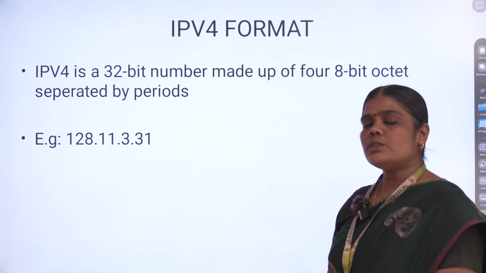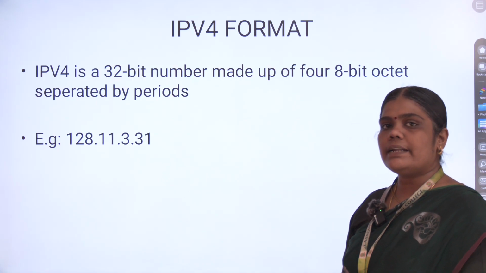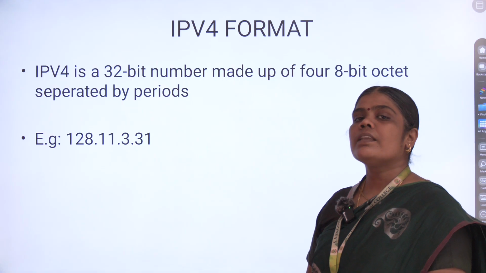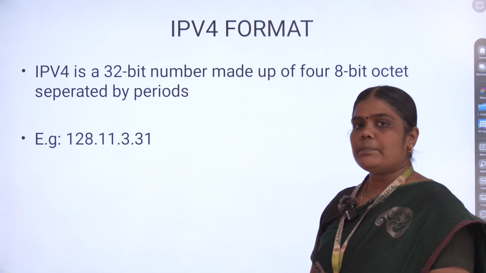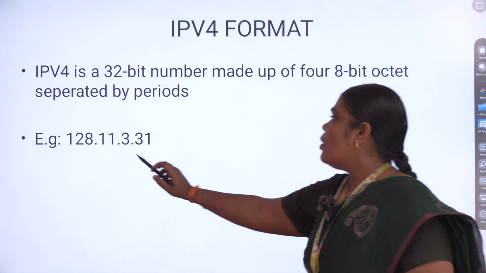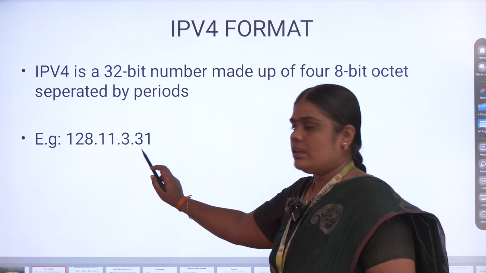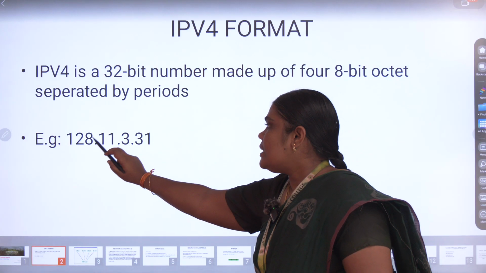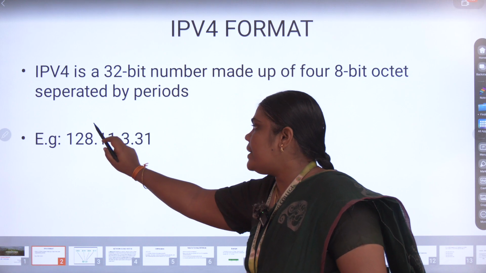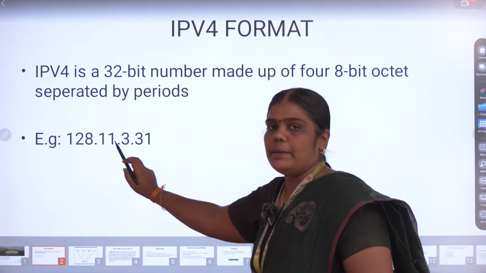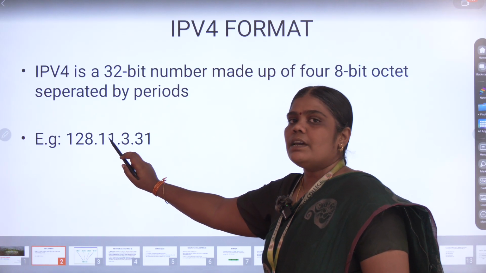So how does the IP address look like? An IP address is nothing but a 32-bit number consisting of 4 octets separated by a period, like this: 128.11.3.31. Each and every block, that is, 4 blocks separated by a period, will be decoded into binary digits by the router.